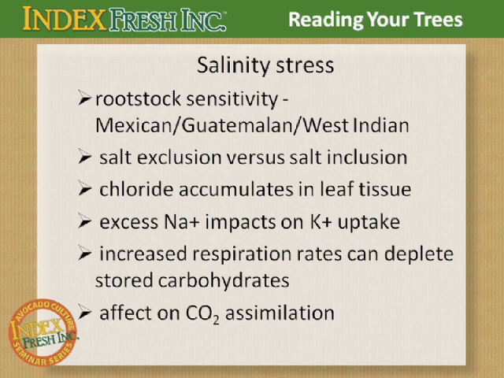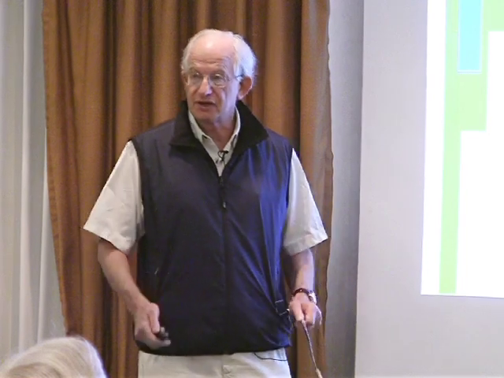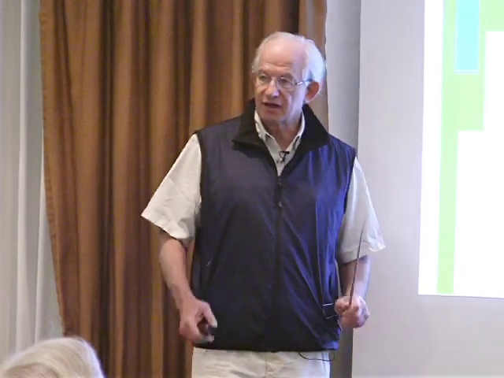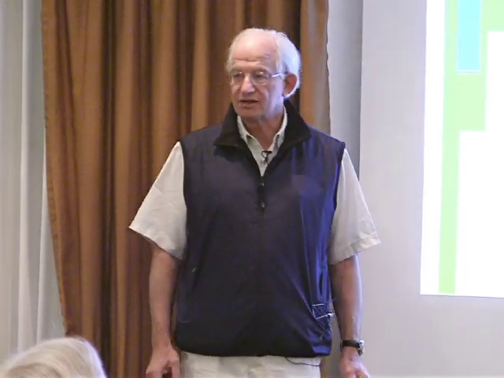Because salinity is stressful on the trees, you have an increase in respiration, and the consequence is that you may deplete some of your stored carbohydrates. And finally, saline water has an effect on carbon assimilation. So the activity of your trees is affected when they are subjected to high saline conditions.